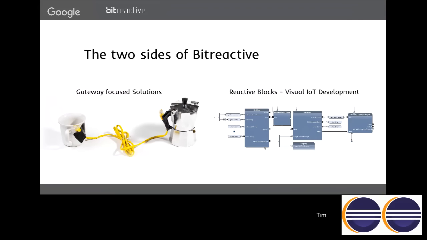During the development of this tool, we accumulated a lot of knowledge around demonstrations and proofs of concept. Then we started to apply this experience towards solutions. So now we're also building IoT solutions, mostly focused around the gateway, and apply our knowledge in this context.